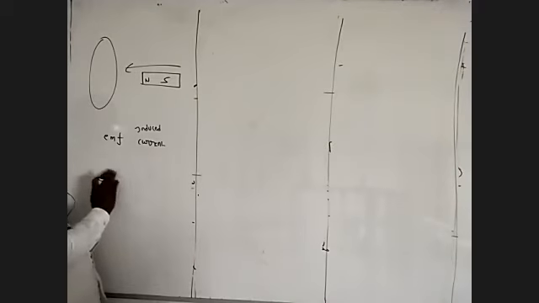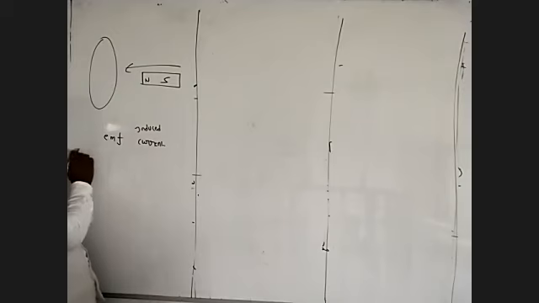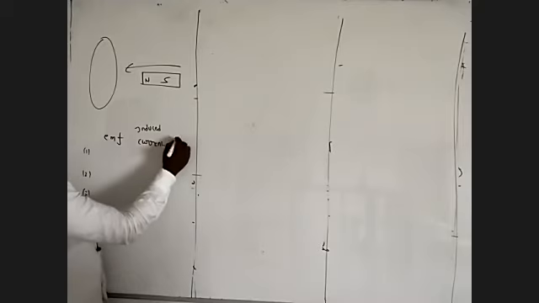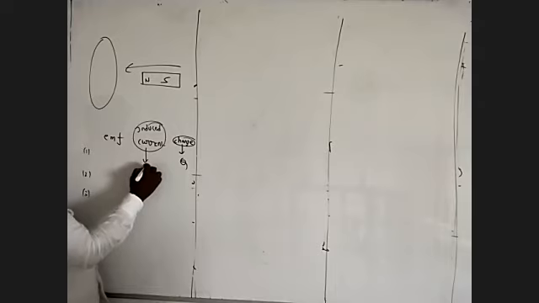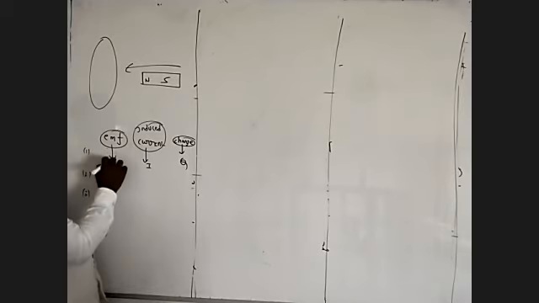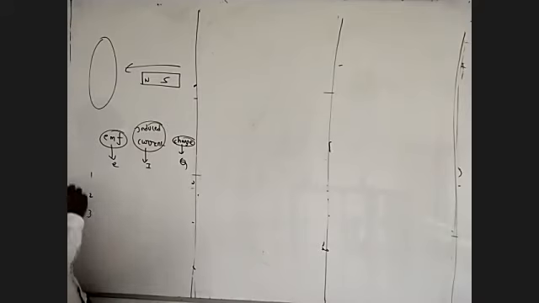So situation number 1, 2, 3. EMF, charge also. Charge means Q. Induced current means I. EMF means voltage, or E. Now situation number 1, situation number 2, situation number 3.